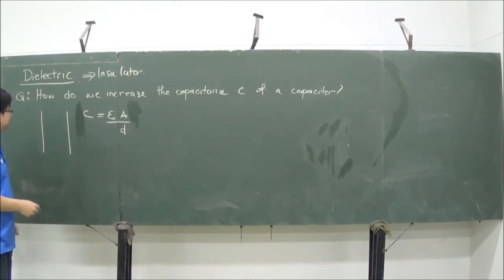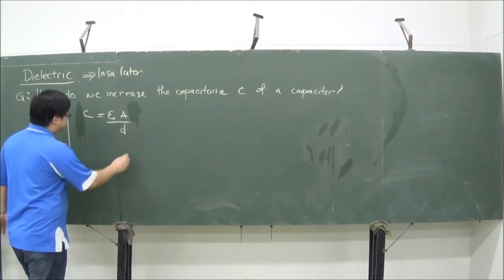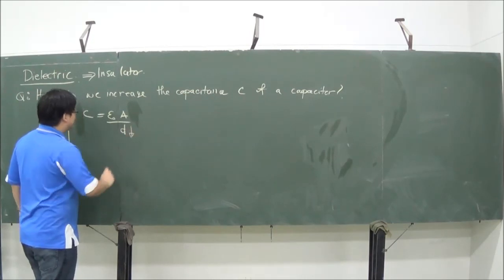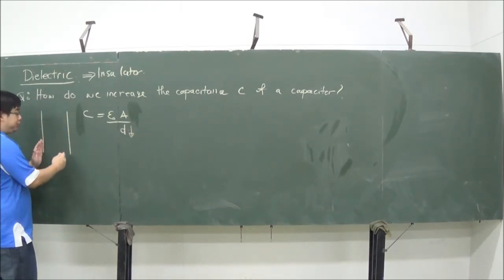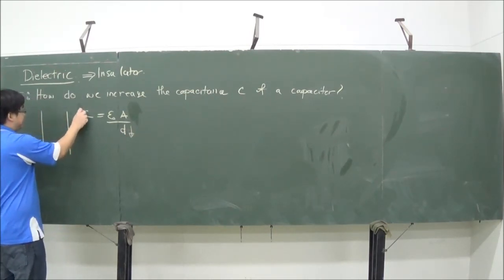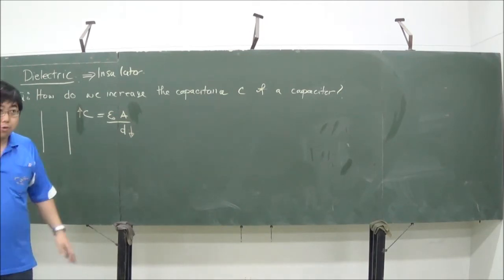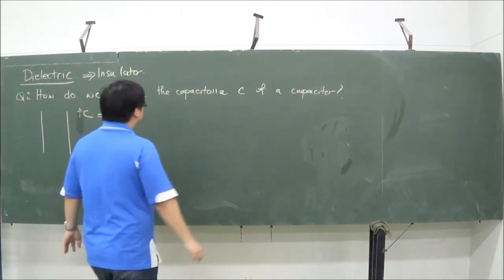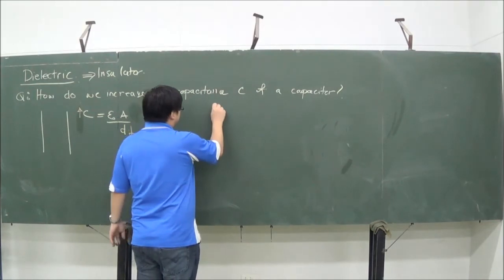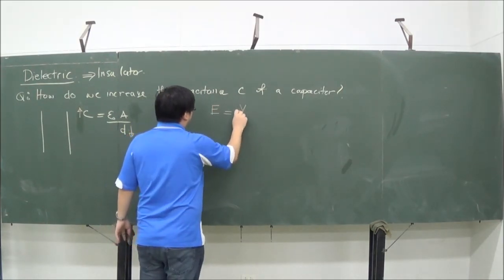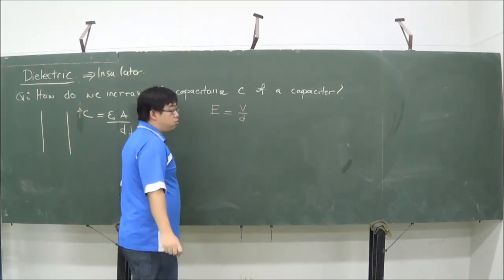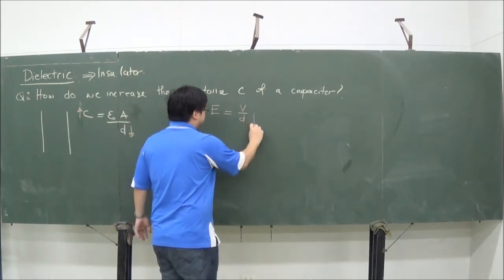You might say, why don't we decrease the separation gap here? Then C will increase. This is also true, but think about it. E equals V over D. So what happens when you decrease D?